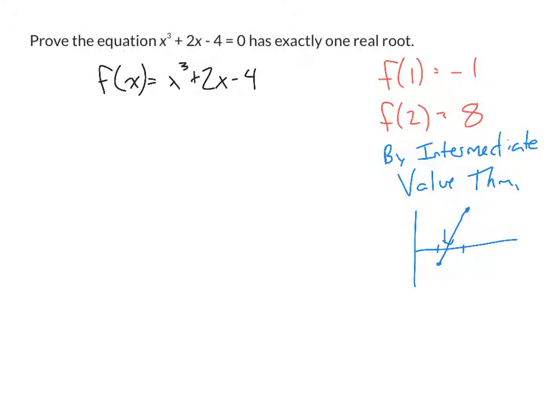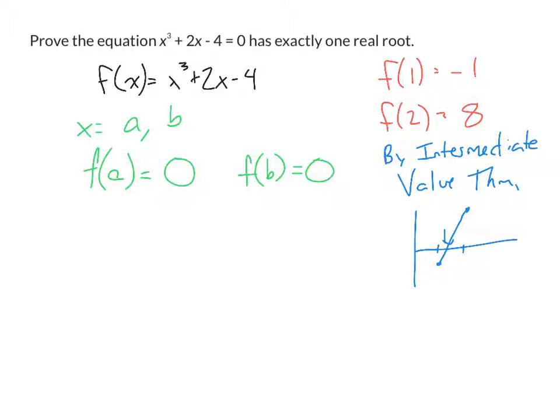So using Rolle's theorem, how can we show that we have exactly one root? Well, let's assume that we have two roots, and we'll say that they are a and b. So x equals a and b, and the results would make 0. So f of a equals 0, and f of b equals 0.